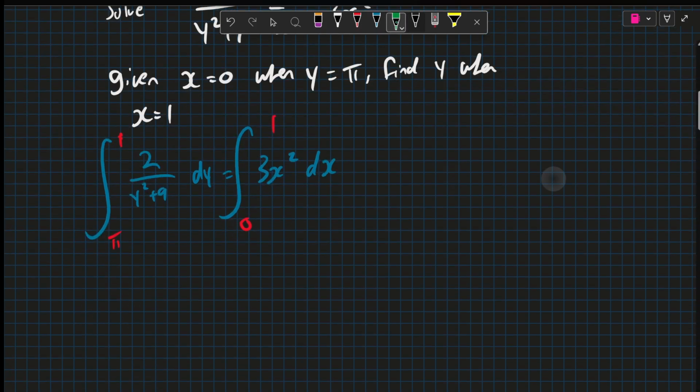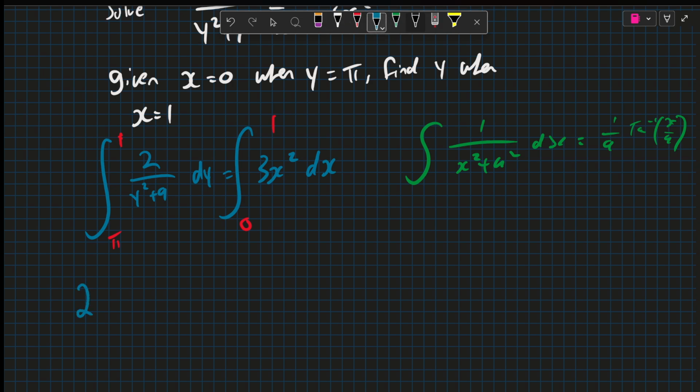So a common enough one to know is that the integral of 1 divided by x squared plus a squared dx is equal to 1 divided by a times the arctan of x divided by a. So here what we're going to have is 2 factoring in as a constant, and then between pi and y, this will just be 1 divided by 3 arctan of y divided by 3 equals, this just integrates to x cubed from 0 to 1.